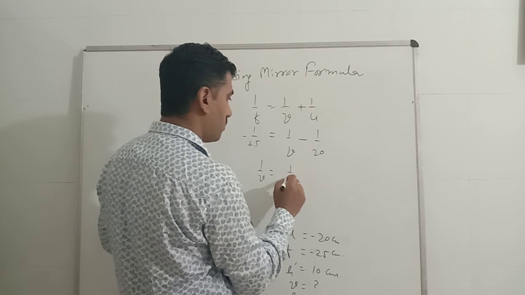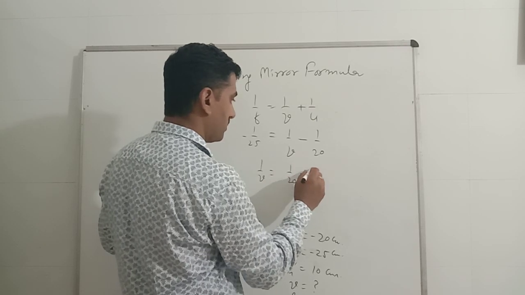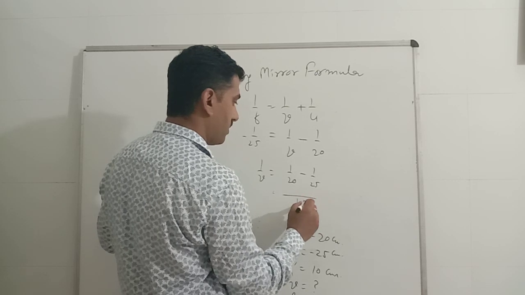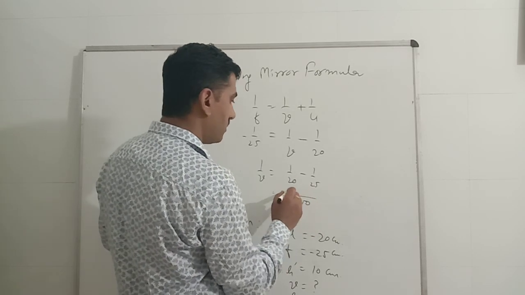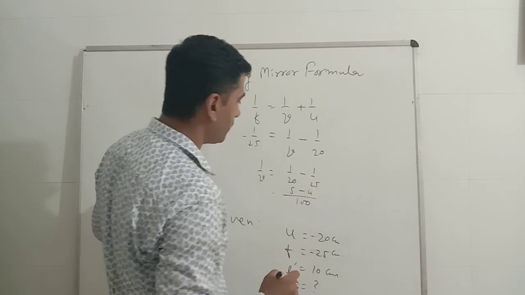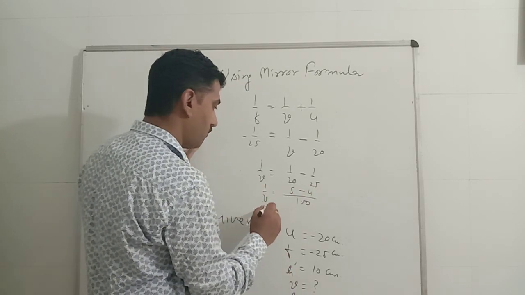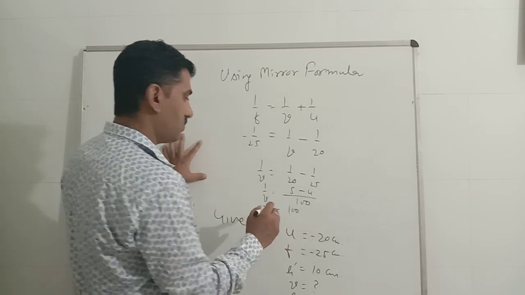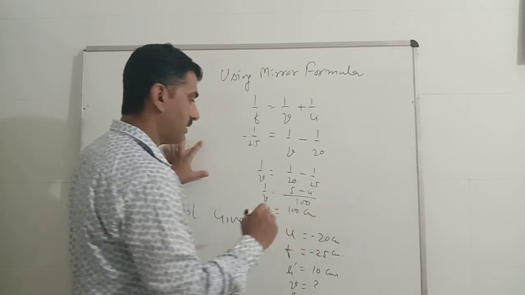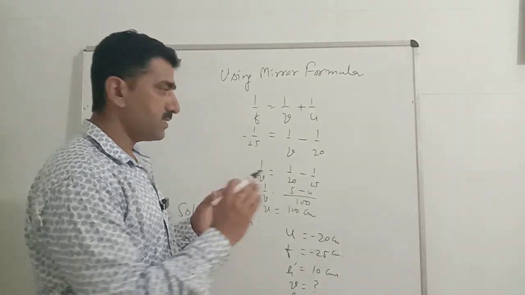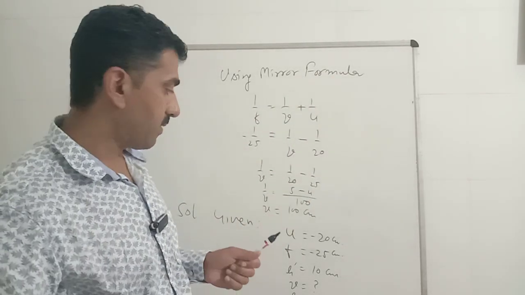So 1 upon 20 will be positive, and this 1 upon 25. The LCM will come 100. So 1 upon v, v is equal to reciprocal, 100 upon 1. So v is 100 centimeter, that is positive. That means it is a virtual and direct image, if it is coming positive.